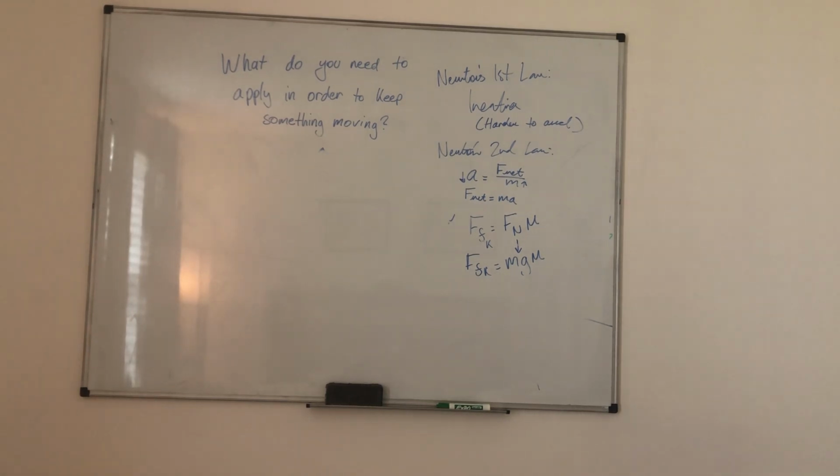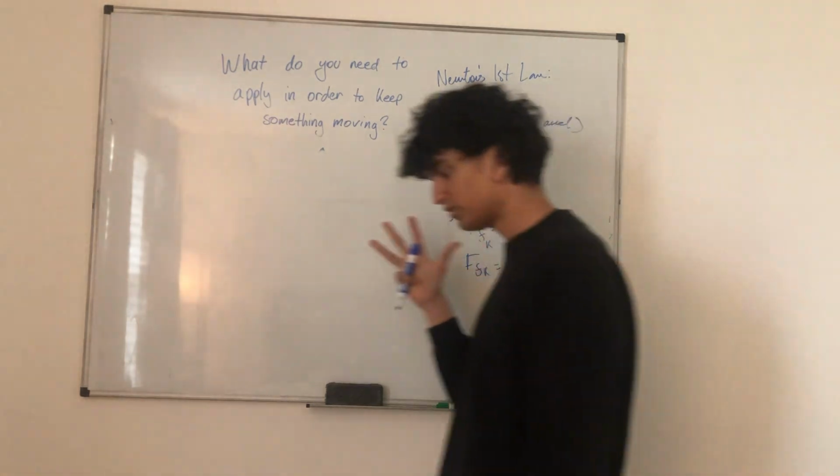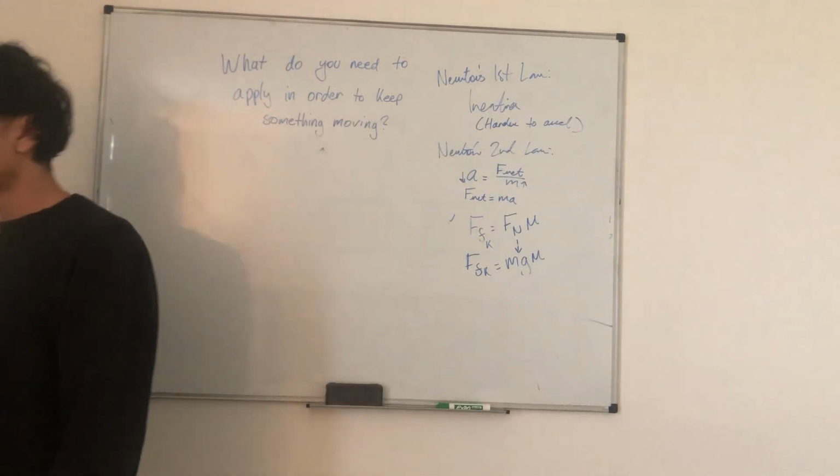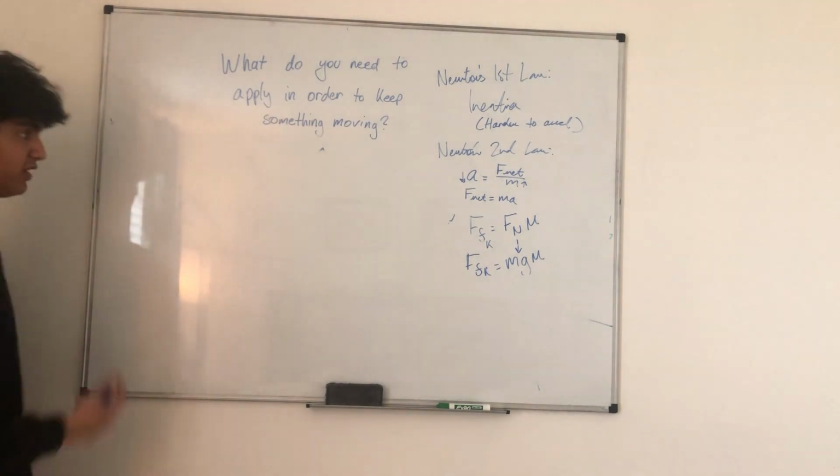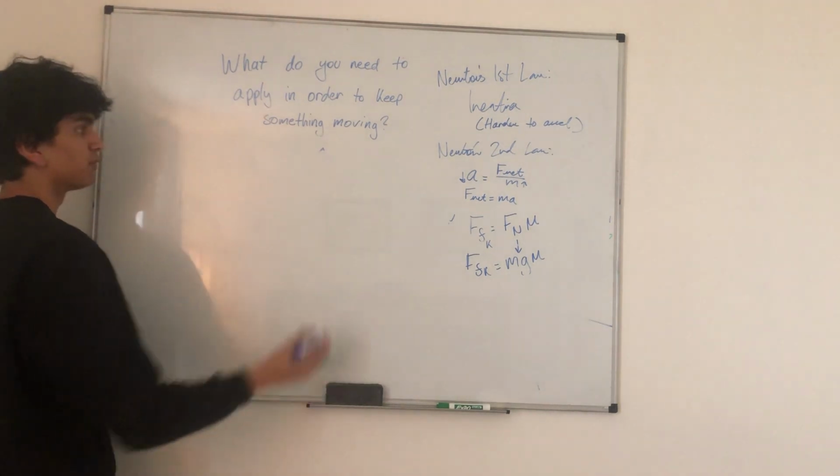I'm going to cover Newton's third law. I remember I was confused about this when I was learning physics. This is a big misconception in general. I'm a really lanky dude, pretty skinny.